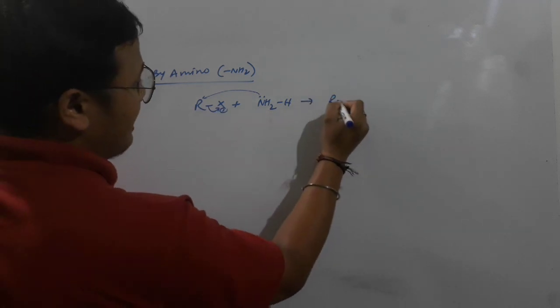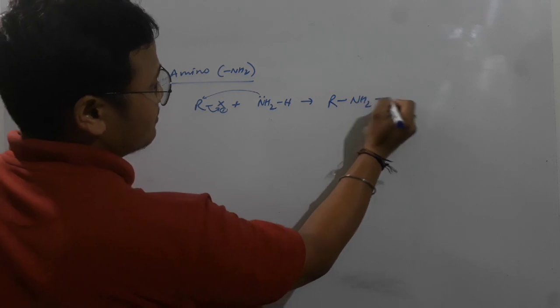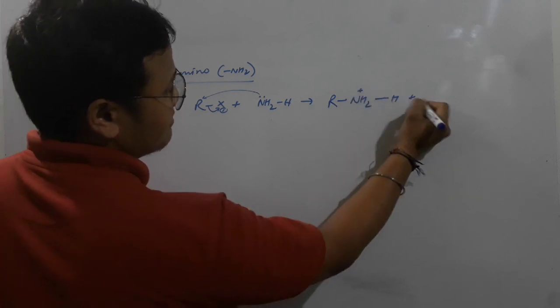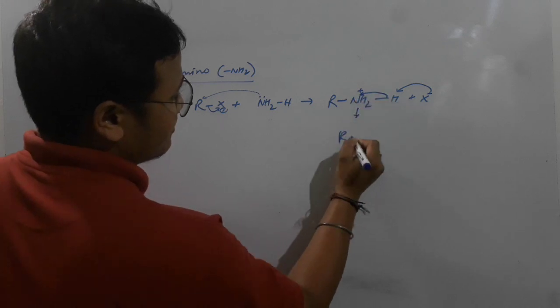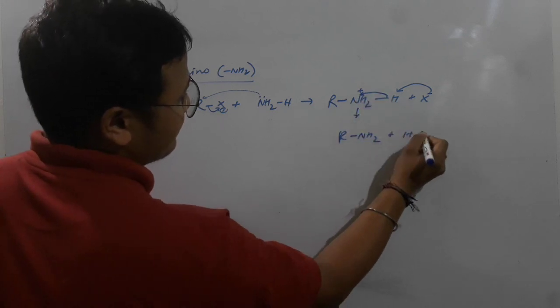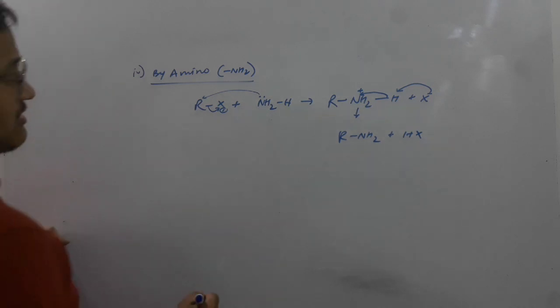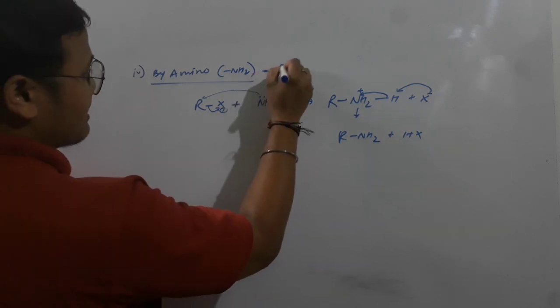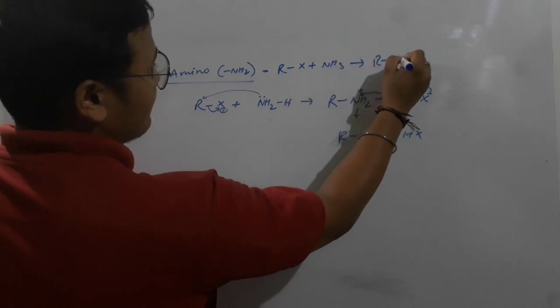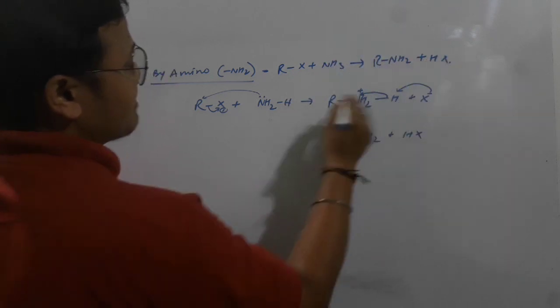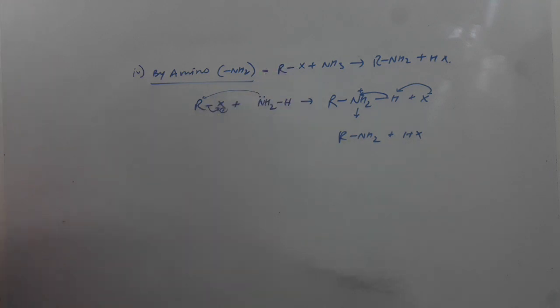So what happens? RNH2 and this hydrogen is positively charged, plus X negative. It will come again and get back the hydrogen. So RNH2 plus HX. I just wrote the mechanism. If you look at the reaction, RX plus NH3 gives RNH2 plus HX. This is the mechanism.